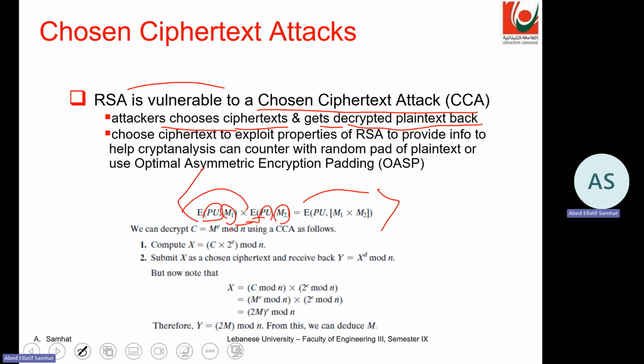Assume that the attacker intercepted a kind of ciphertext.